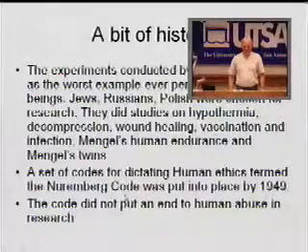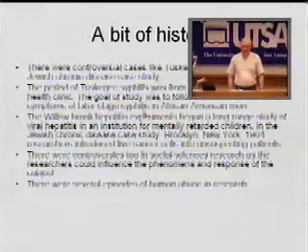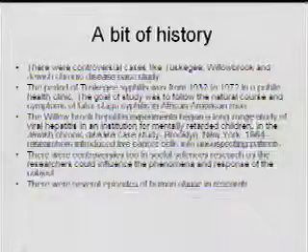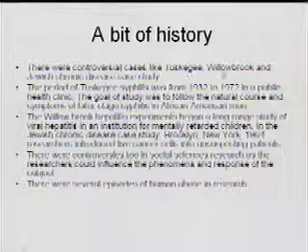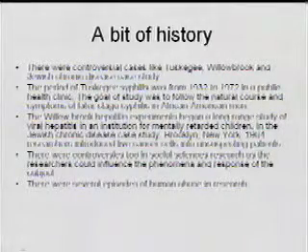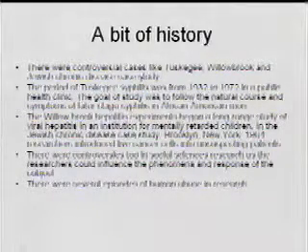So that was in 1949. The code did not put an end to the human abuse in research, however, but it did create a standard. So there were controversial cases subsequent to that, even like the Tuskegee, Willowbrook, and a Jewish chronic disease case study.